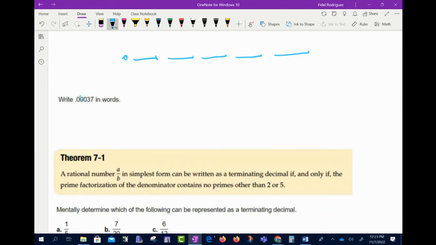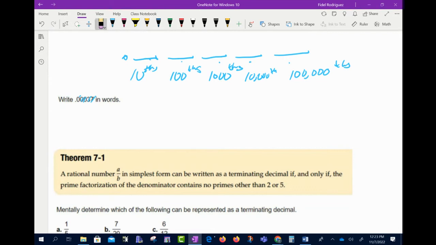So I'm going to ask myself, 1, 2, 3, 4, 5. I've got to have 1, 2, 3, 4, 5. There we go. So remember, this is tenths, this is hundredths, this is thousandths, this is ten-thousandths, and this is hundred-thousandths, right?